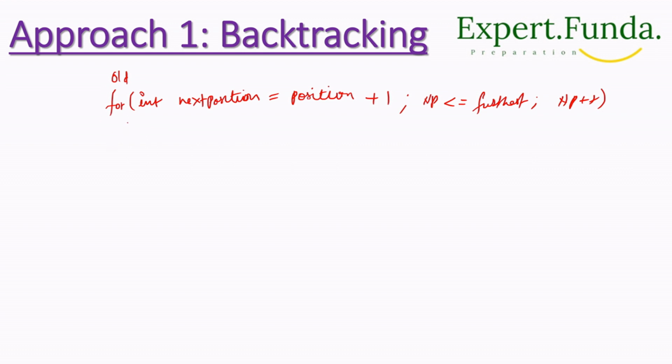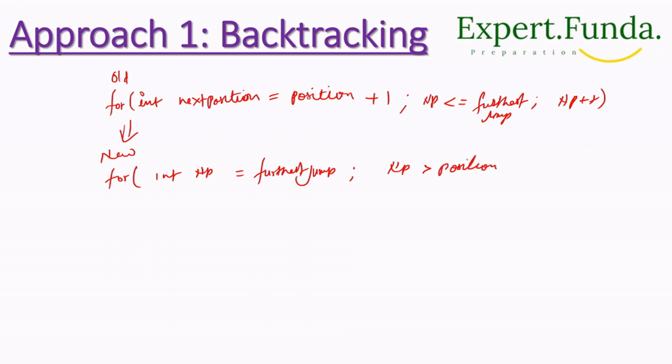But now we can change this. We will start this for loop with int next position equal to the furthest jump. We start from here only, and we say next position should be greater than the position that we started from, and one by one we decrease it. So we are going from right to left.